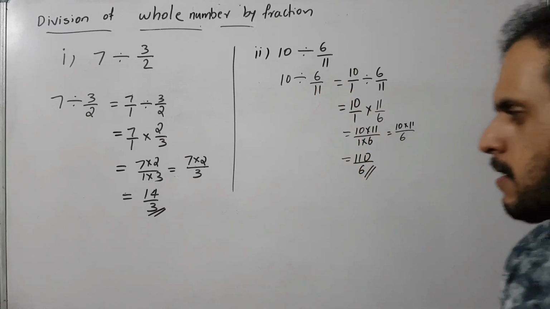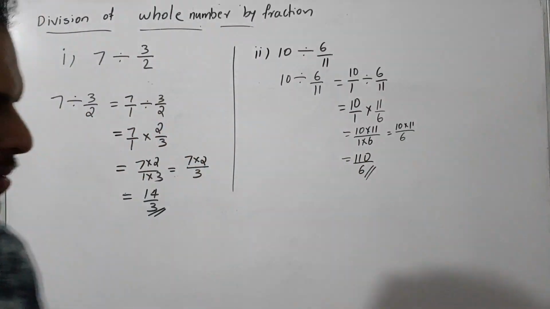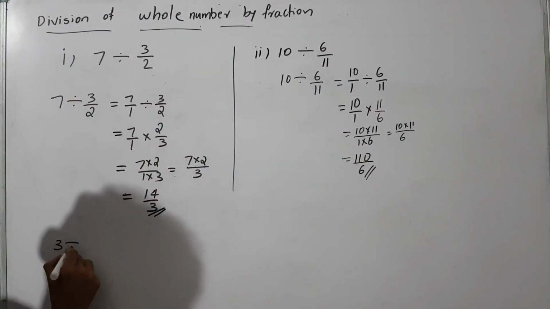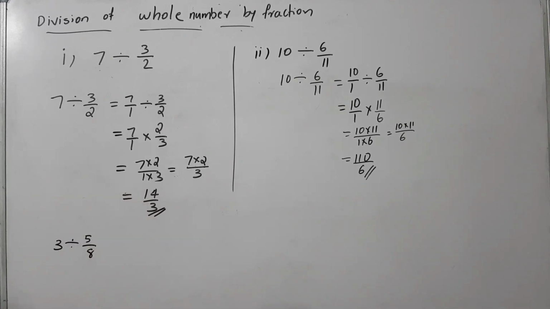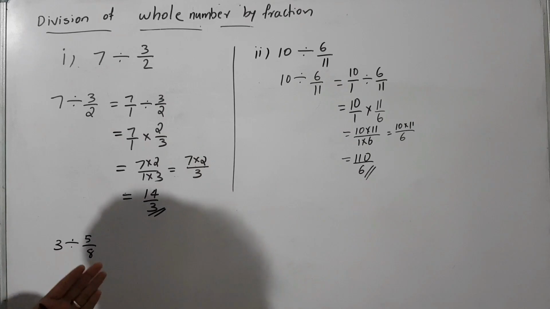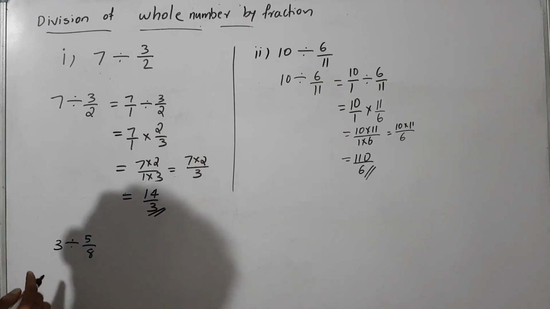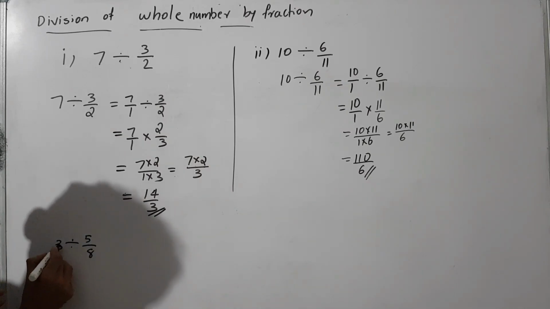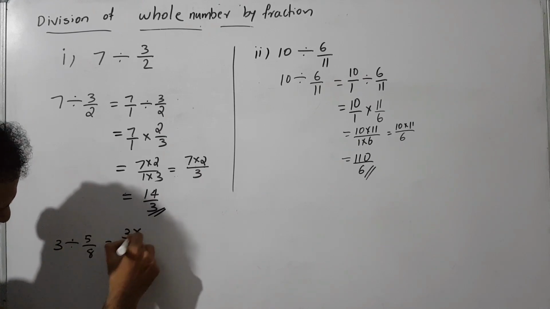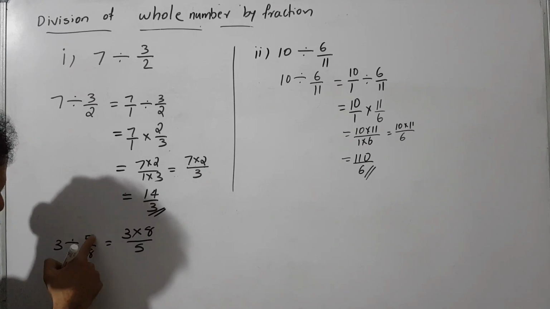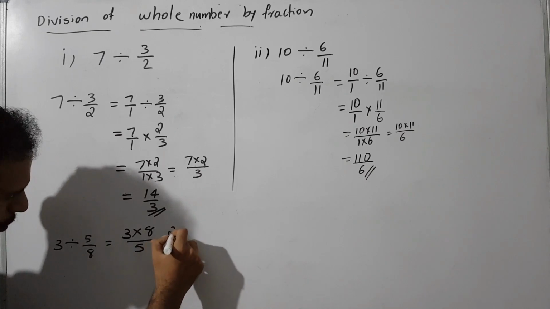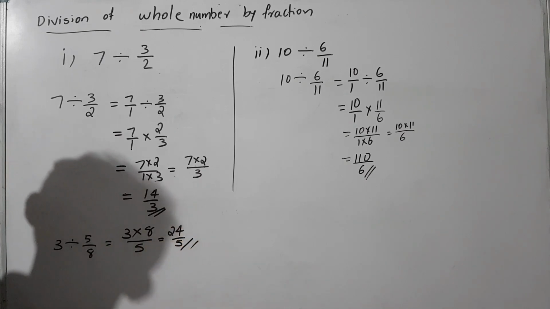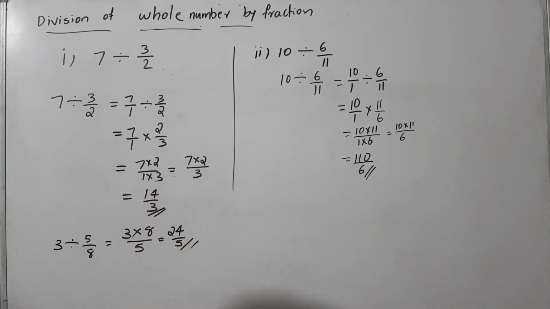You got it. That means if the question is like this, 3 divided by 5 by 8, how do we write the answer directly? Follow these steps. The whole number into the denominator, 3 into 8, by the numerator, 5, is the answer of 3 divided by 5 by 8.